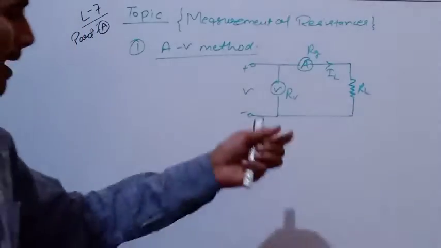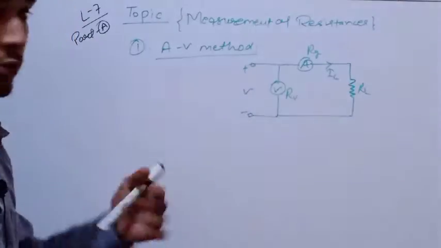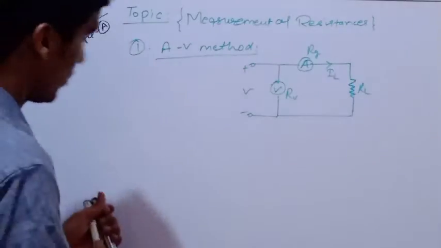You know very well that either you can connect the ammeter near to the load resistance, or you can connect the voltmeter near to the resistance that is to be measured. In the first case I have connected the ammeter near to the load resistance. This is our first case.